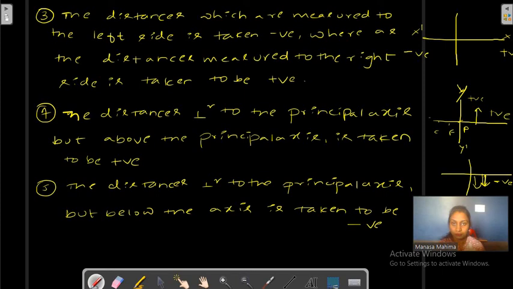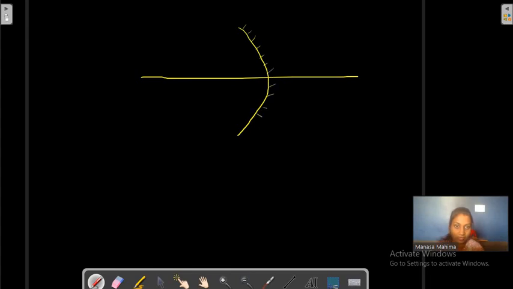In the next, what you will see is what I wrote, drawn diagrammatically for you. I am taking any spherical mirror. In this case I am taking a concave mirror, or generally you can take this as a spherical mirror. What is the first rule?